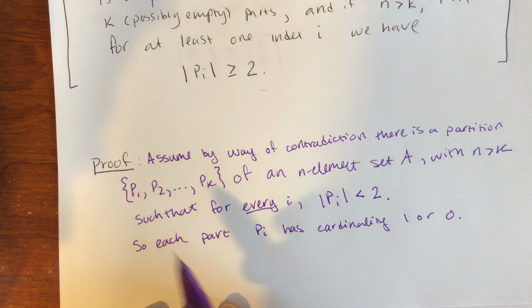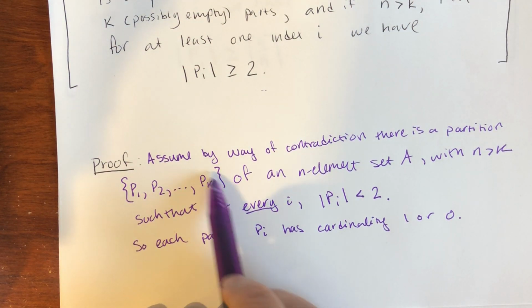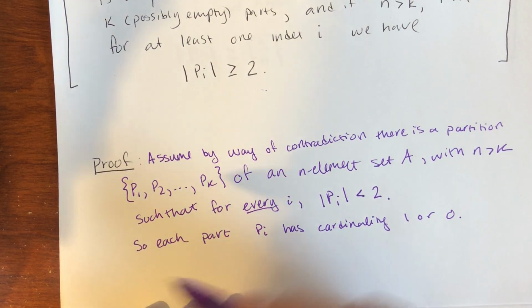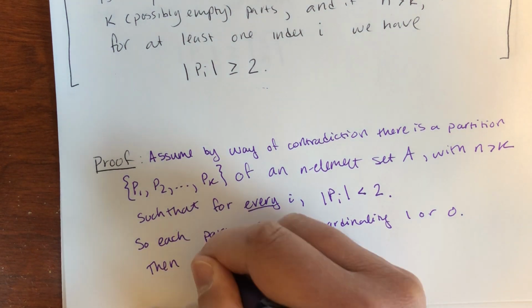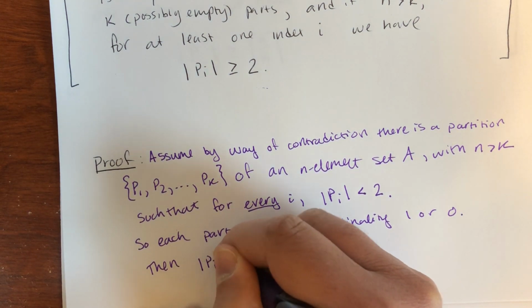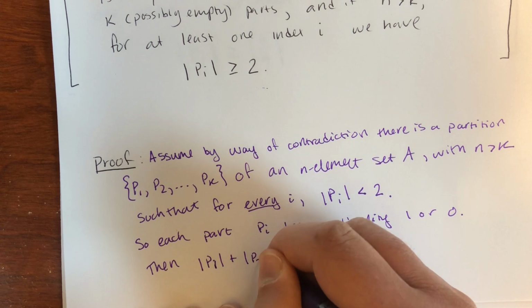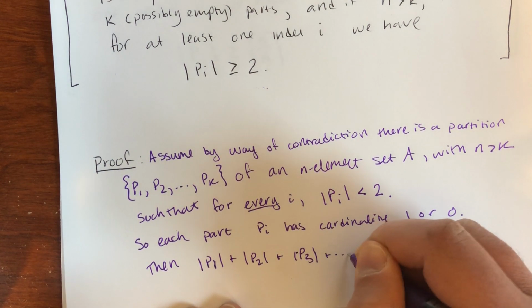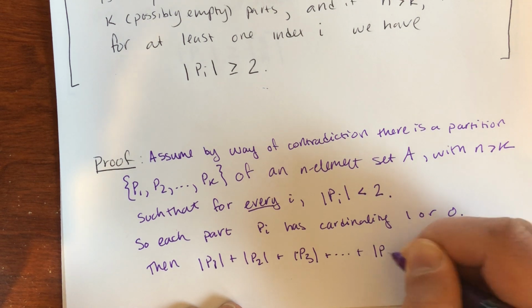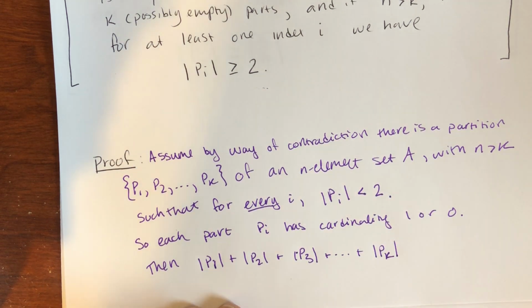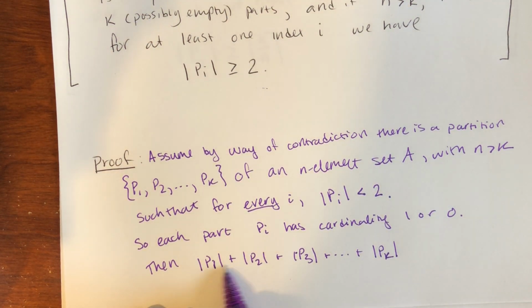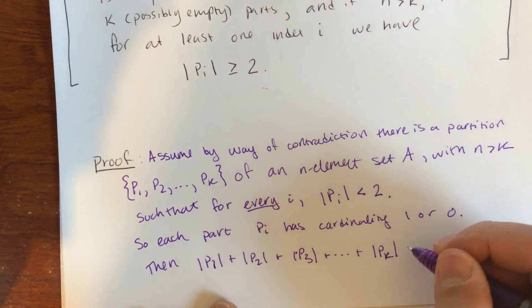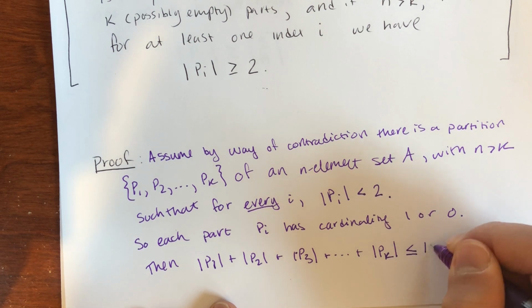But that means if we were to collect up all the elements of this partition and count them, then we'd have the cardinality of P1 plus the cardinality of P2 plus the cardinality of P3, all the way up to the cardinality of Pk. This only has 1 item or less, all the way down the line. This is only going to account for, at most, k elements.